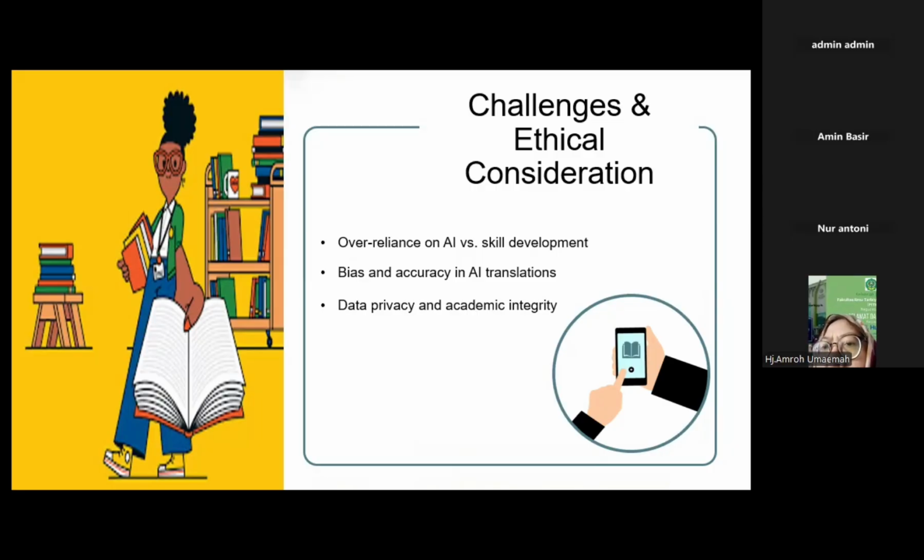And then, yeah, from all of what we're discussing here about leveraging AI in the translation classroom, what are the key benefits? So in brief, there are 3 benefits that we can share.